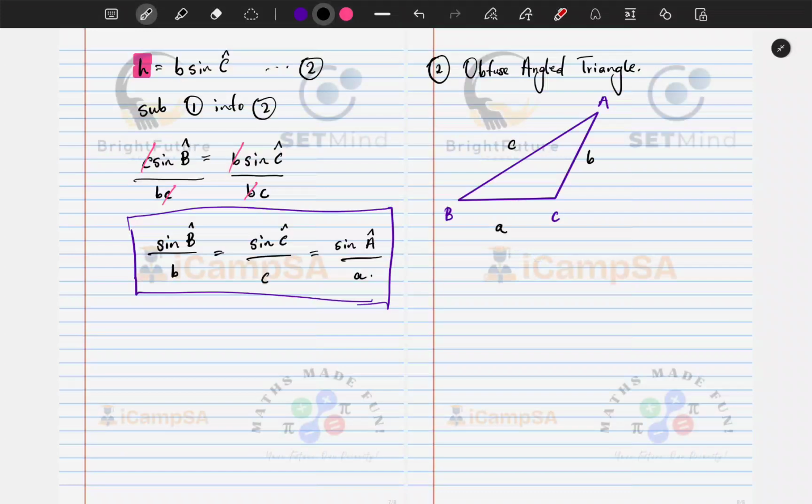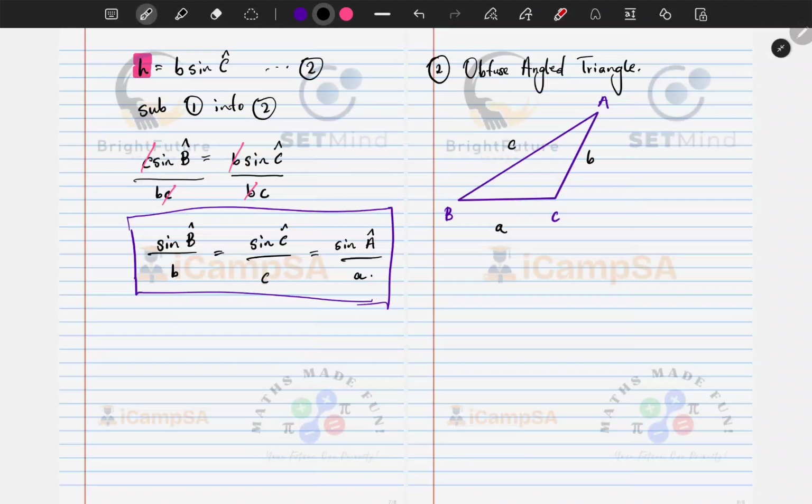So if this was angle A, this would have been side A. You don't have to cram it and do it the way that I do it. However, when you are given the triangle, you should be able to name your sides and subsequently name your angles.